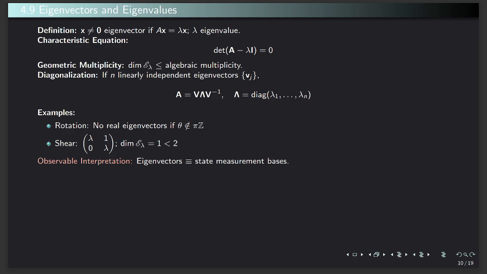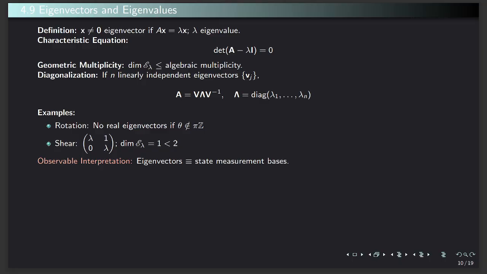The ultimate decomposition of an operator's action is achieved by finding, drum roll, its eigenvectors, right? You hear the words eigenvector and eigenvalue thrown around, and we have a vague idea of what they are, but from a rigorous mathematical standpoint, an eigenvector is a non-zero vector x such that its transformation Ax is simply a scalar multiple of itself, lambda x.